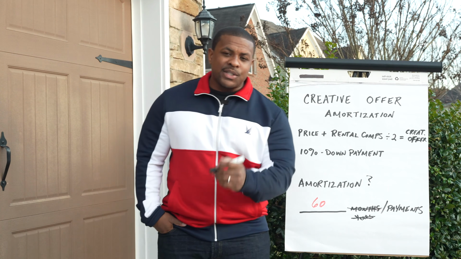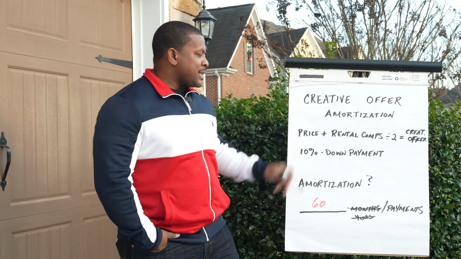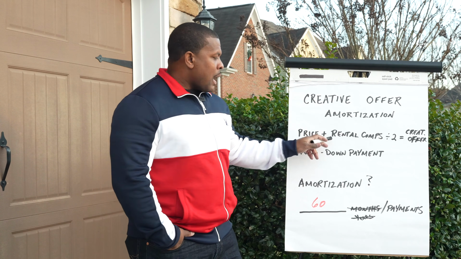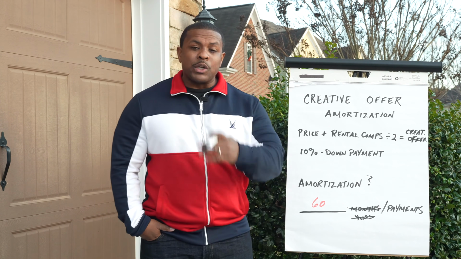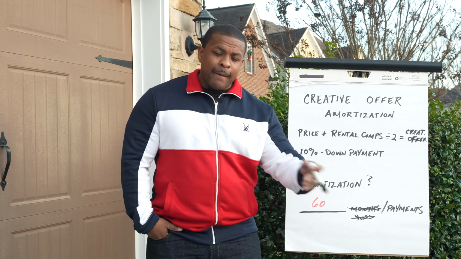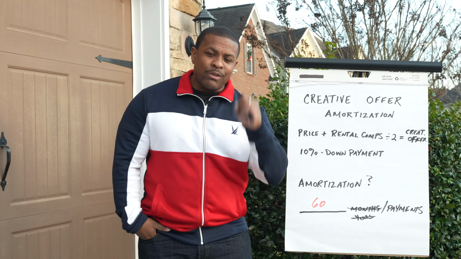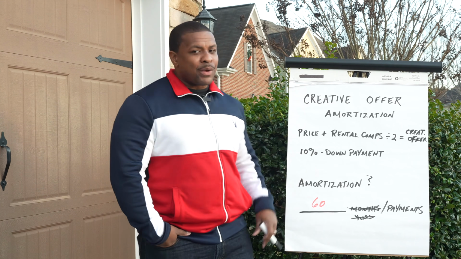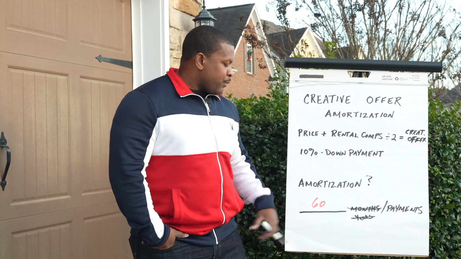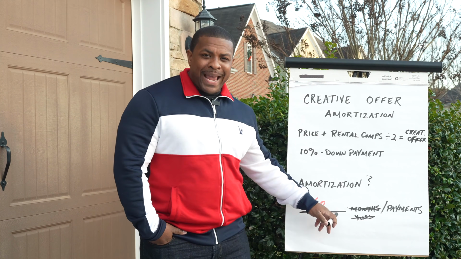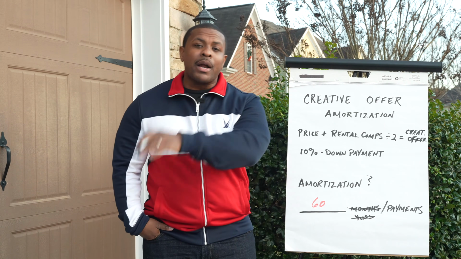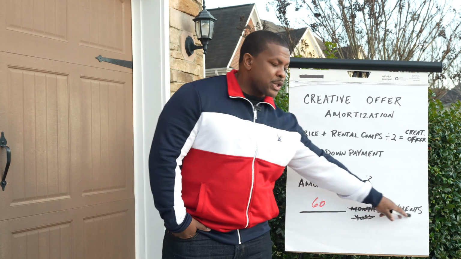So you can literally tell a seller, look, I'll give you $100,000 on this property. I'll give you $500 a month, which will be paid towards the $100,000, and that's how you can get a 0% interest rate with the seller. I'll give you $10,000 down, and I'll also give you a balloon payment, again, a lump sum of money after 120 payments.